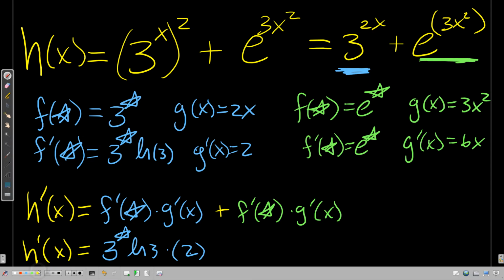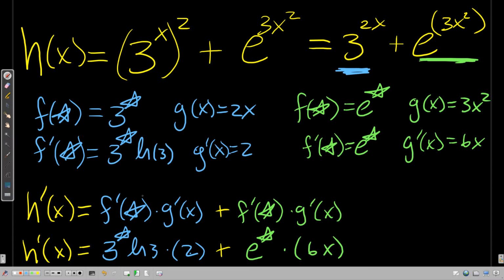And I'm going to come back and replace the stars here in a minute, because I'm on a roll right now of just dropping stuff in, boiling stuff down to easy derivatives and plugging it in where it goes. So up next is f prime of star, that's e to the star, and then times g prime of x. G prime of x goes here, that is 6x. Wonderful. If I can replace those stars, I will have the final answer.